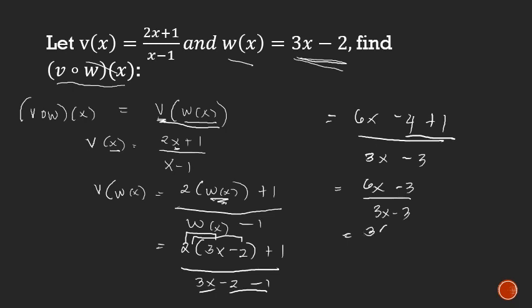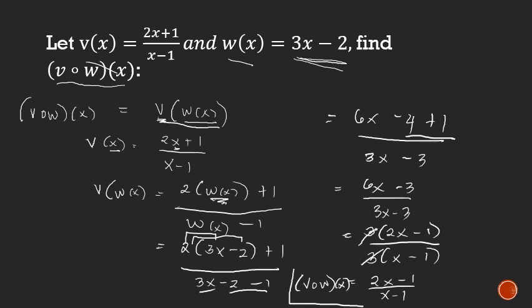We have 3 times 2x minus 1 over, and also the denominator, the factors will be 3 times x minus 1. 3 divided by 3 cancelled, that is 2x minus 1 over x minus 1. That is now the v circle w of x is equal to 2x minus 1 over x minus 1.